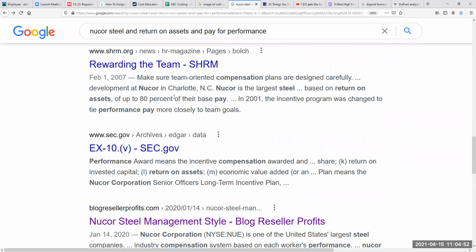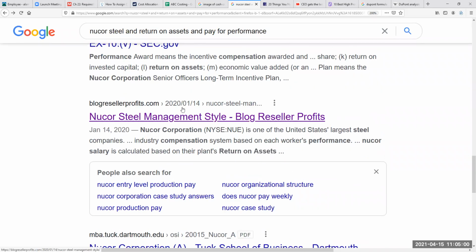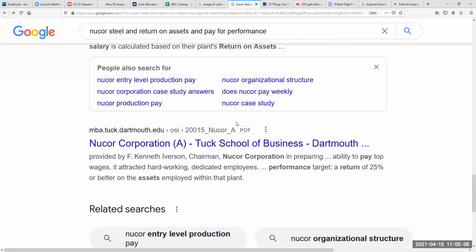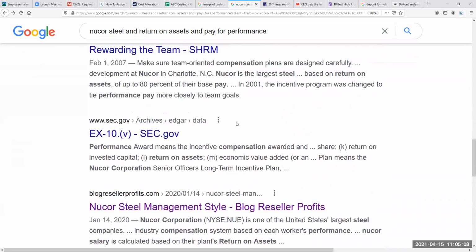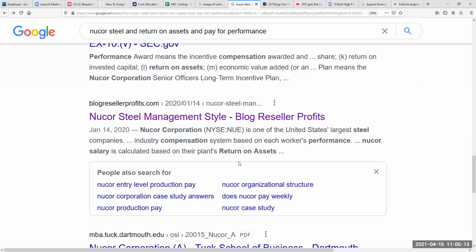These are old articles here, but based on return on assets, up to 80% of their base pay. So if you're some high-up manager making 100,000, up to 80% of your salary, your bonus, can be based on how effectively you're managing the assets.